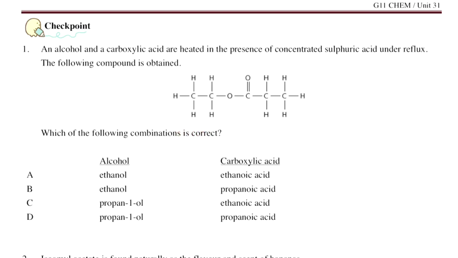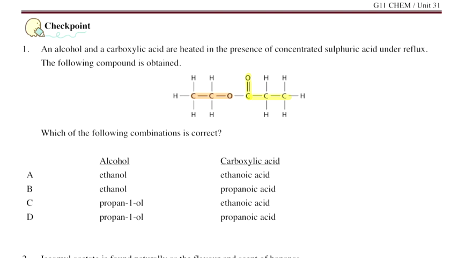Okay, so take a look at this part. Let's use different colors to represent the part from the carboxylic acid and the part from the alcohol. The part from the carboxylic acid should be the one with the carbonyl, so it should be the part on the right hand side. And the alcohol would provide the part with C-O single bond, which is the one I highlighted using orange.